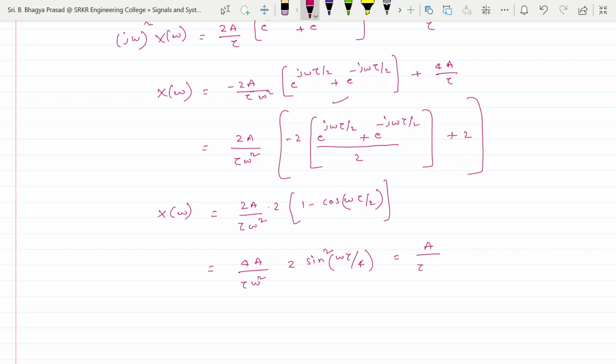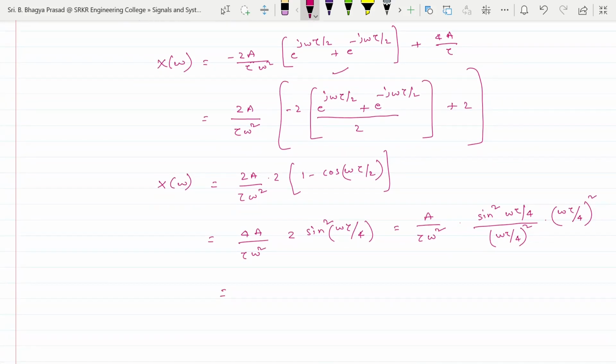So a by tau ω squared, and to get ωτ/4 in the denominator, I will multiply with ωτ/4 correspondingly. So sine square(ωτ/4) by (ωτ/4) square.